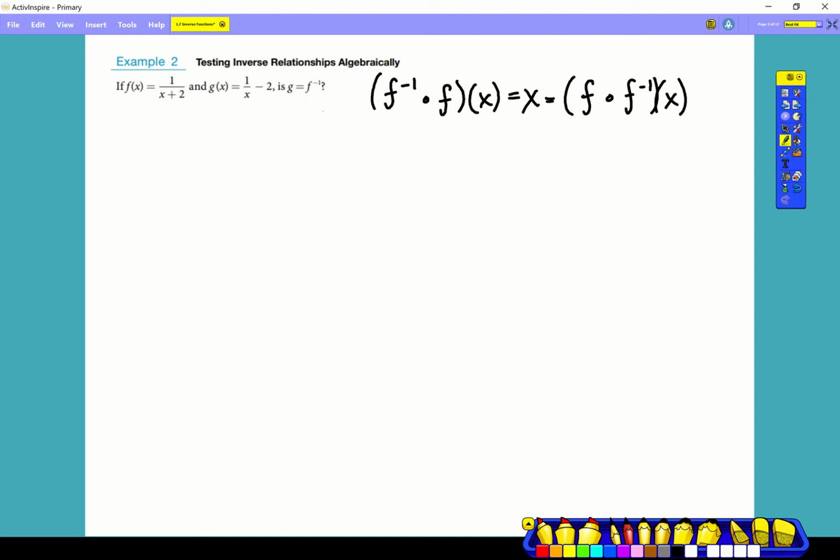So if g equals f inverse, let's say I want to use this one, then this one is g of f of x, because remember g is the f inverse.